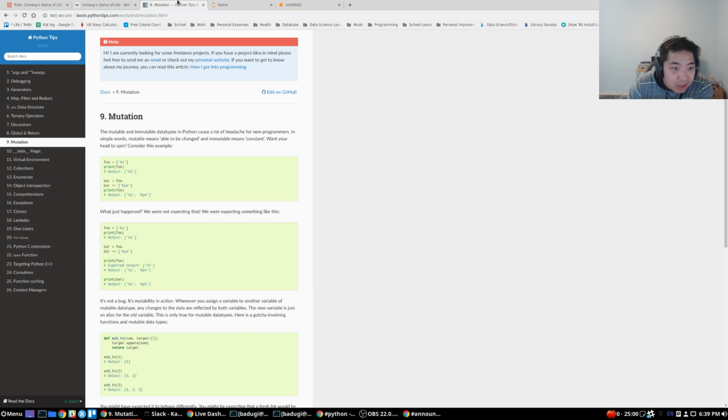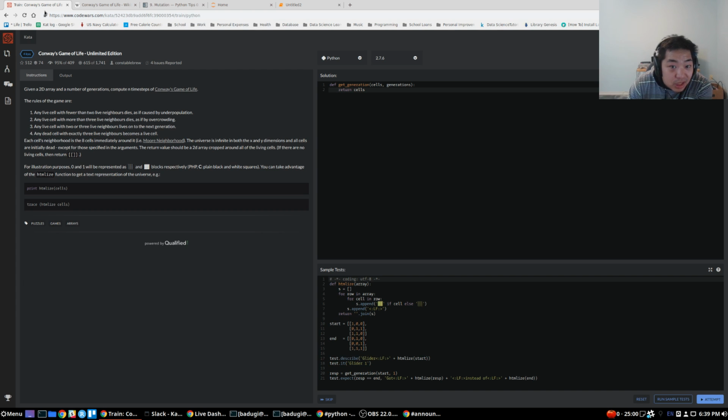What the? And this is 4th queue? This is not even... okay. Any live cell with fewer than 2 live neighbors dies. Each cell's neighborhood is 8 cells immediately around it.